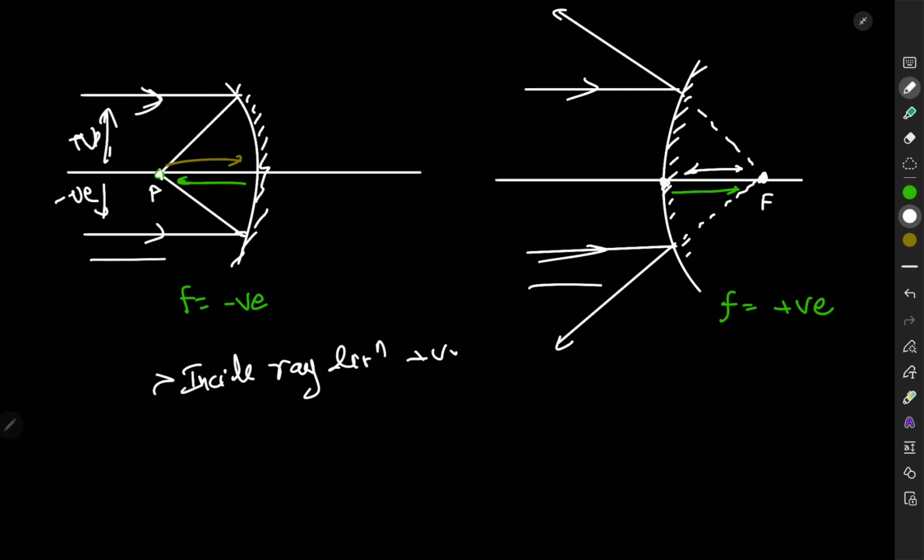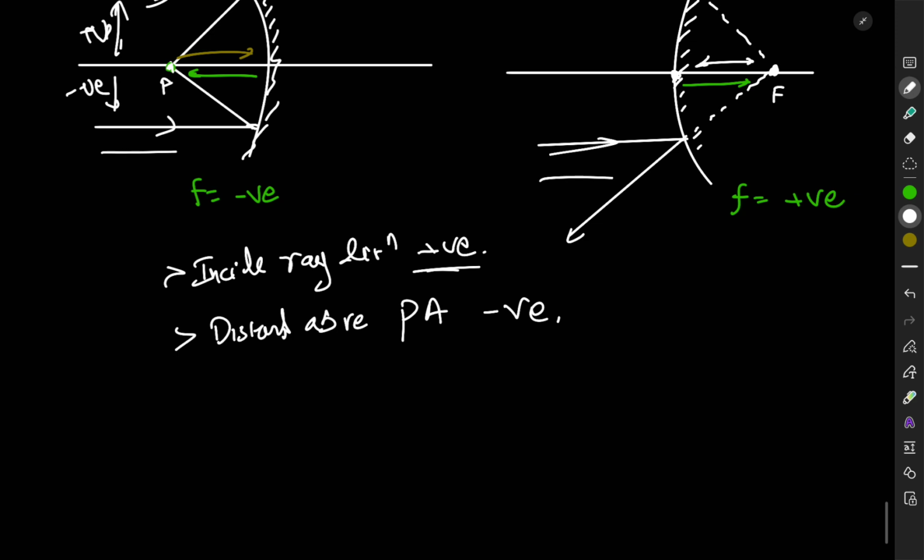Similarly, distance below the principal axis is negative. Okay, fine. So in this chapter we will be learning mirrors, of course, but under some assumptions. What are those assumptions? Rays are paraxial.